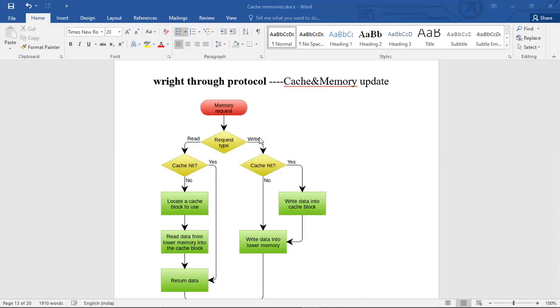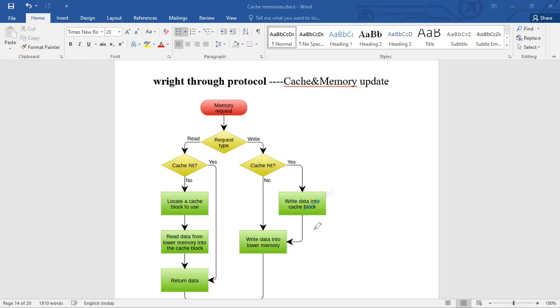If it is a write, the user is trying to write onto the memory. The cache checks whether the data is there, and the data is written onto the block.